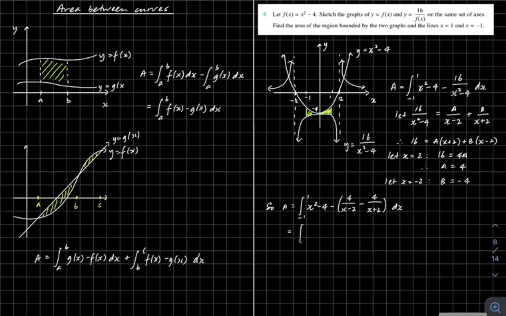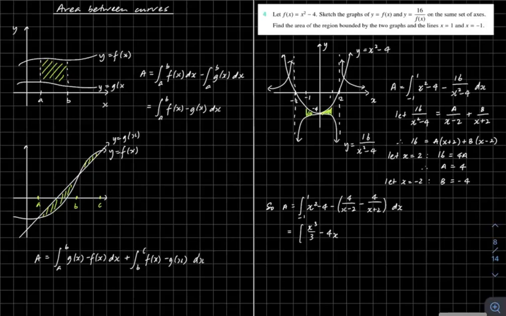So what is all of that? x cubed over 3 minus 4x. And then here we could switch these around to make that one a plus 4 over x plus 2, and then a minus 4 over x minus 2.